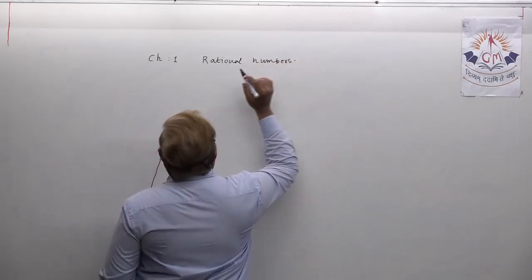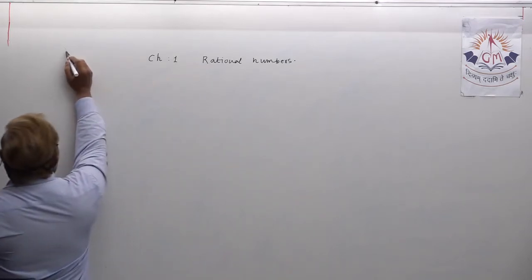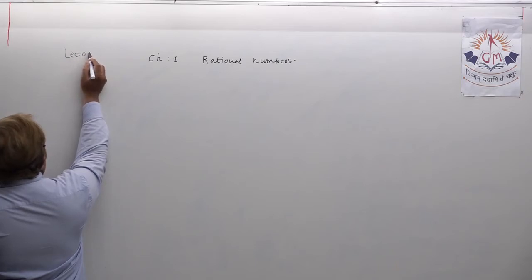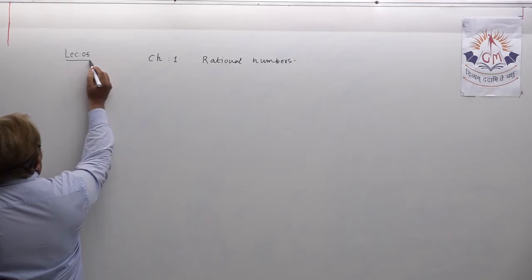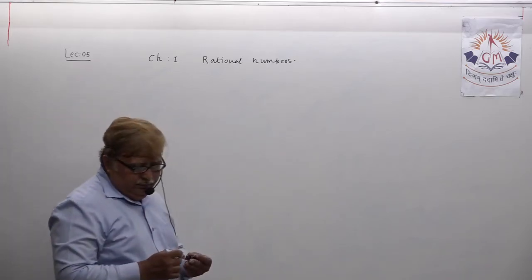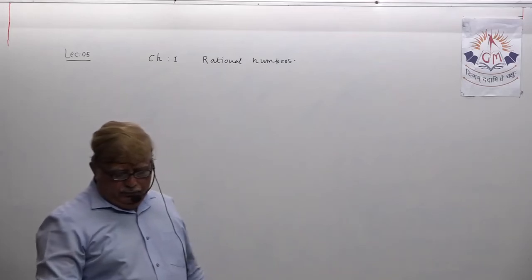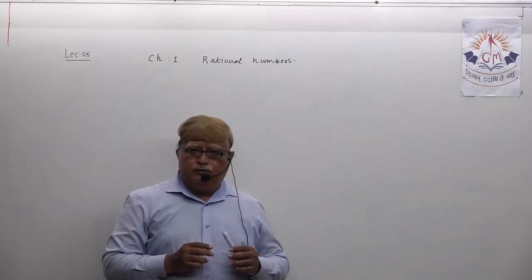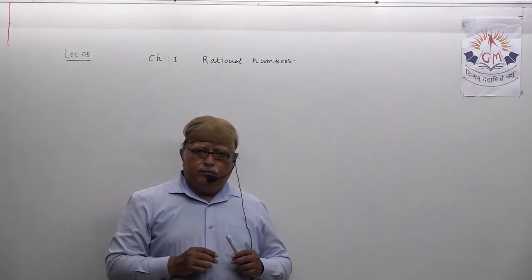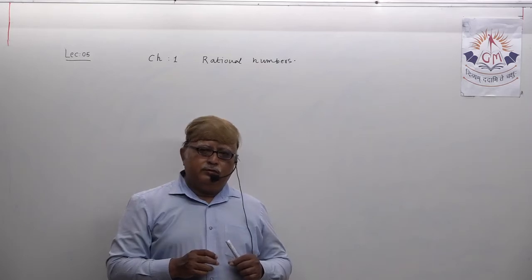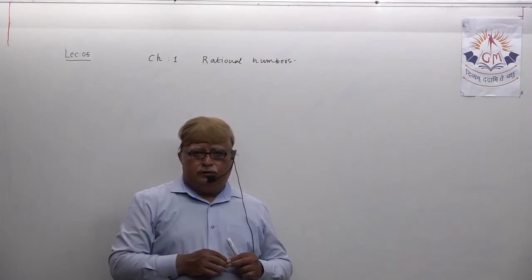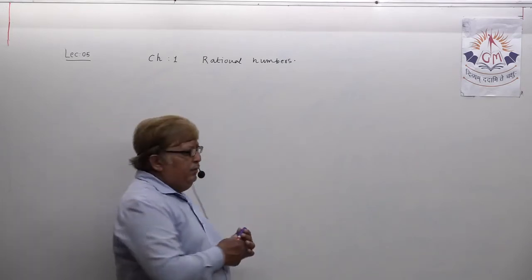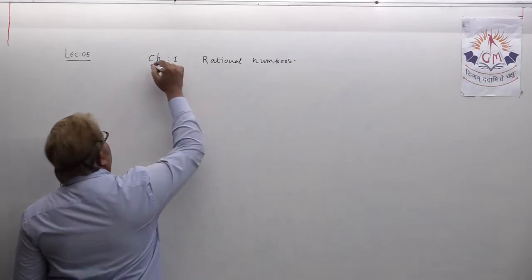Today, in our lecture number 5, we are going to understand meaning of absolute value. Not only that, we are going to understand the meaning of absolute value of rational number and some of the examples based on that absolute value that we are going to cover first today.